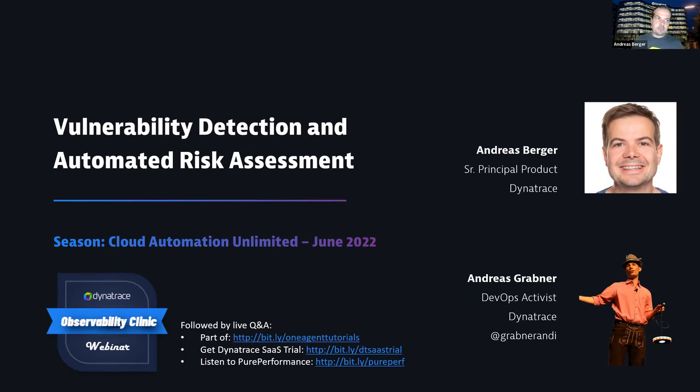For vulnerability detection, we support selecting individual hosts, and the inverse also works. You can also ignore a particular host and enable it for all others. The same is true for processes, and tags are supported. So we're looking for tags on processes and hosts.